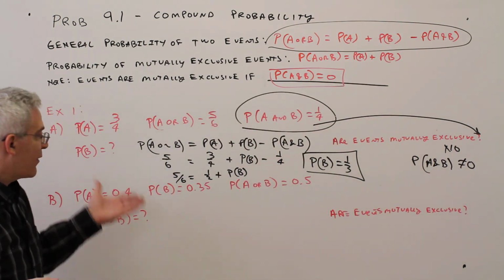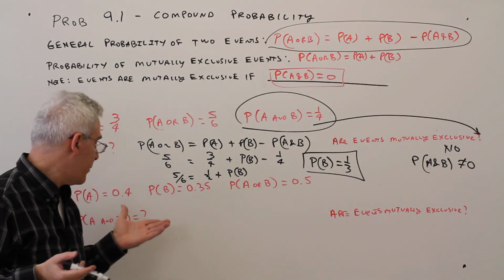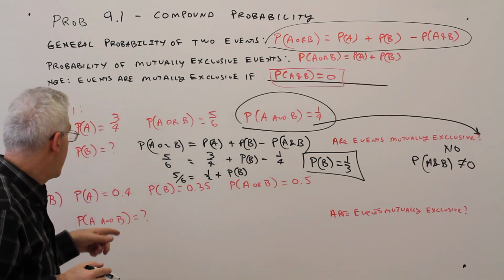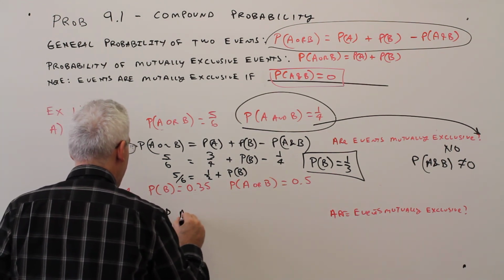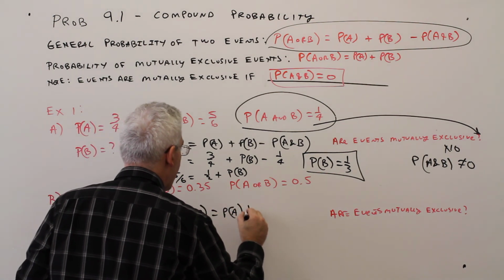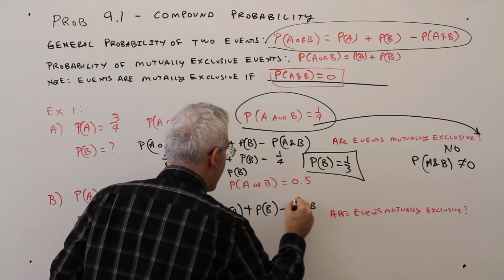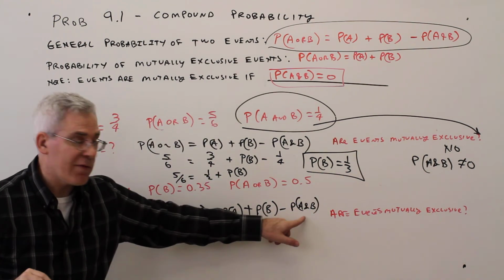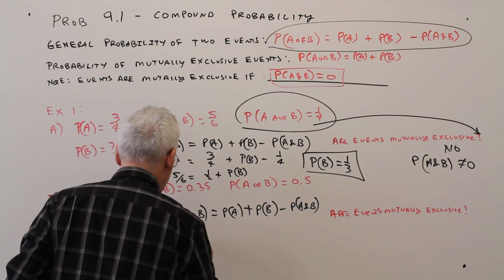Okay, the second example is just like the first, except we got decimals, a little bit different term we're trying to solve for. So let's start it off. Probability of A or B equals the probability of A plus the probability of B minus the probability of A and B. In this case, I'm trying to find that. All right, A or B is 0.5.